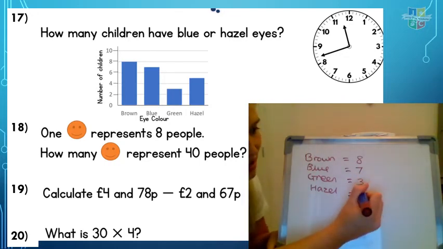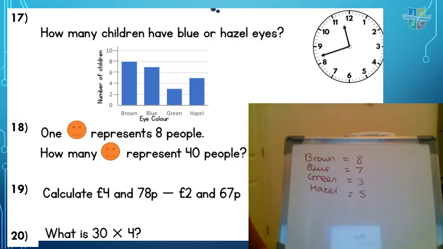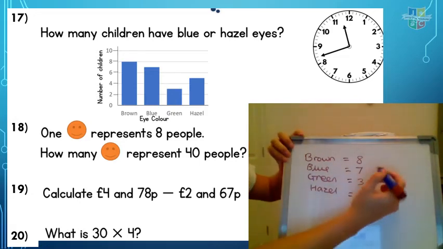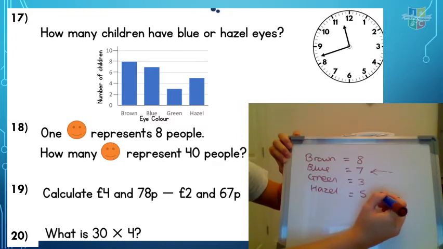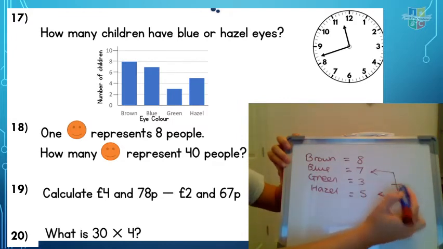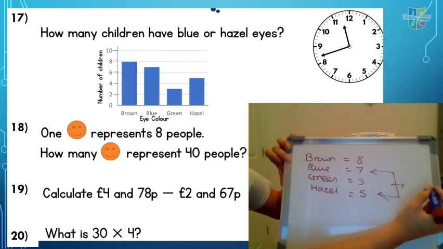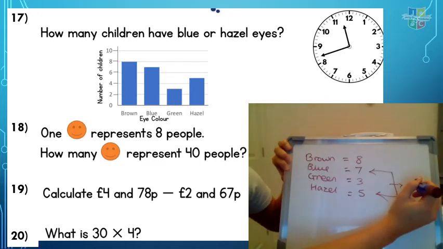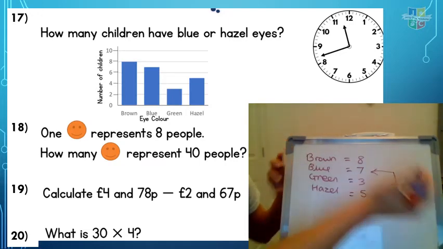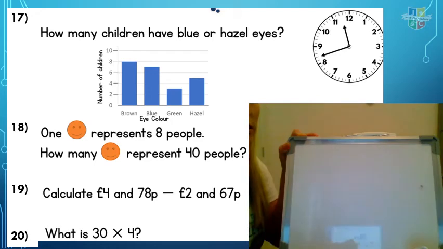And hazel eyes is going to be 5 because it's between 6 and 4. So you should have said that these were your numbers. If you want to know how many children have blue or hazel eyes, we need to add these two numbers together, and we will find that the answer is 12. So your answer is 12.